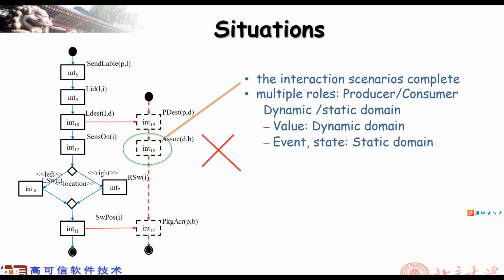The second is multiple roles, which means a problem domain may have two roles. One is a consumer and one is a producer. For different roles, it can initiate or receive different phenomena. For example, we think a static domain can initiate or receive or share the invariant state, but for a dynamic domain, we think it receives values.